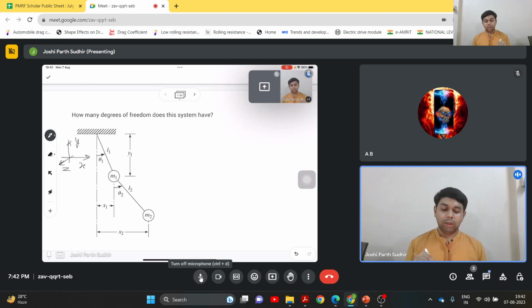So the only independent variable which can be used can be either theta 1, or we can use the coordinates x1 or y1. If we choose x1 and y1, they are actually related through theta 1. How are they related? It's basically x1 by y1 that is tan of theta 1.